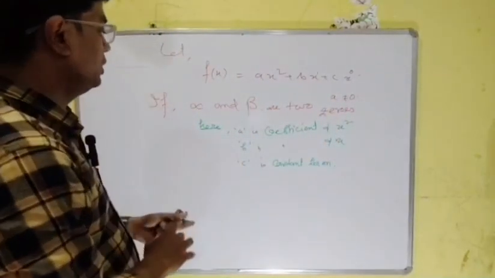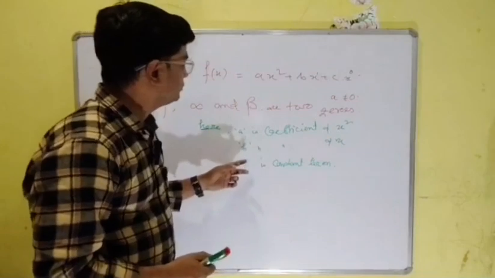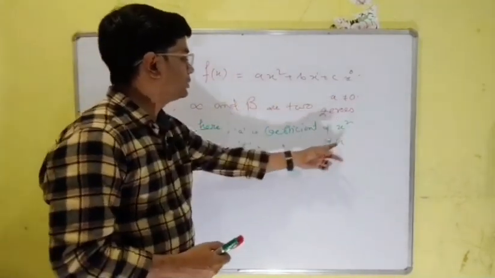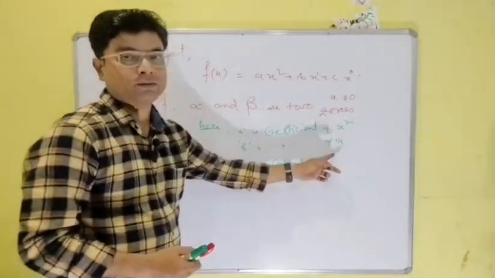Now I am going to find out the relation between the constant term, the coefficient of x square and the coefficient of x.